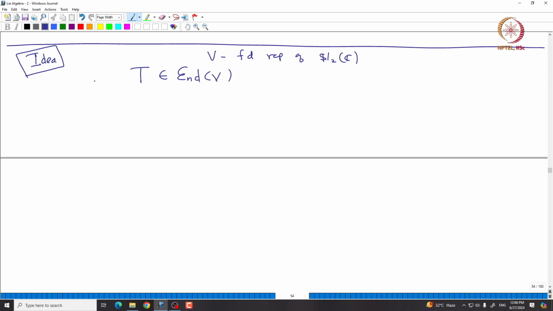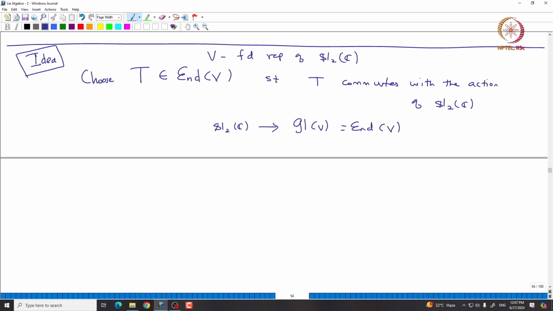So now choose this operator T inside endomorphism of V such that T commutes with the action of sl2c. So basically you are looking at all possible maps from sl2c to GL of V, which is endomorphism of V. So you have a map phi, which is the representation.